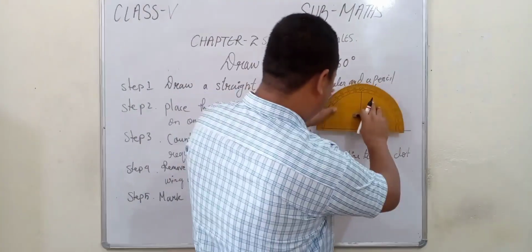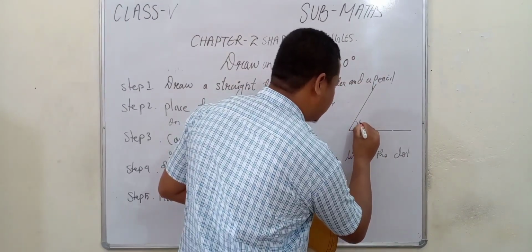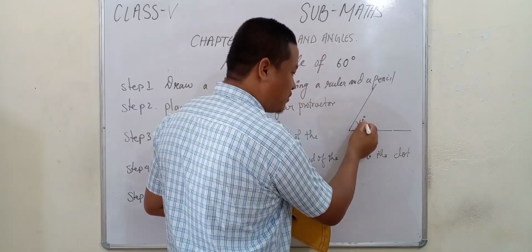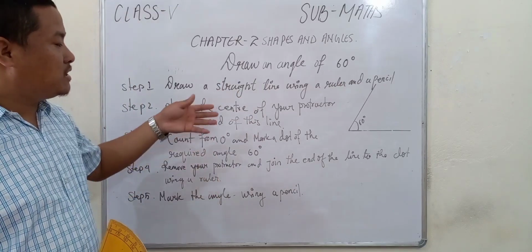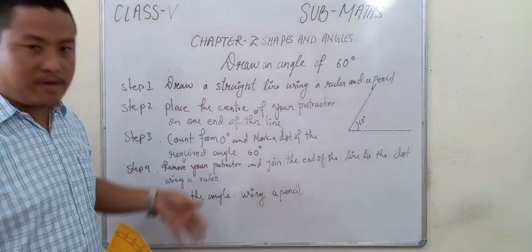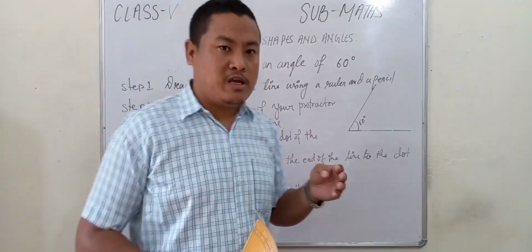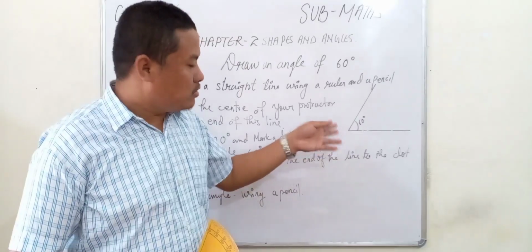When you measure this one with your protractor, the angle will be 60 degrees. When you measure, you have to write it with a pencil. This is the way, stepwise, to draw an angle. Look, 60, 70, 80, 90 degrees, any angles we can draw.